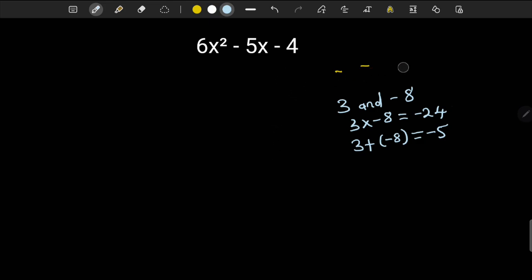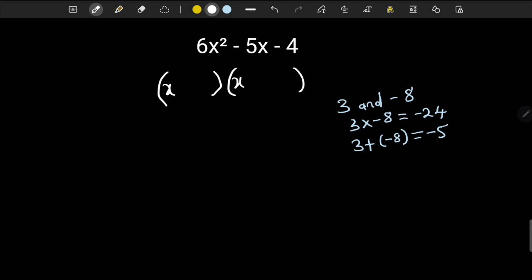Now that we've gotten the values, this is what we will do. First of all, bring your brackets. So you open two beautiful brackets. After opening the brackets, you first write your x in the first bracket and then your x in the second bracket.